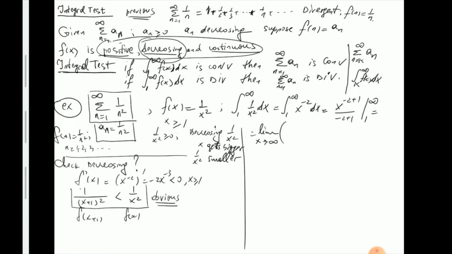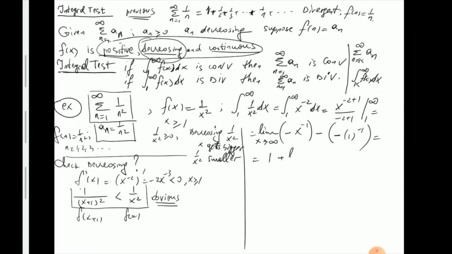So this will be minus x to the negative 1. And then minus, now plug in 1. So minus 1 to the negative 1, which is just minus 1. And then with the other minus, that's going to be 1.